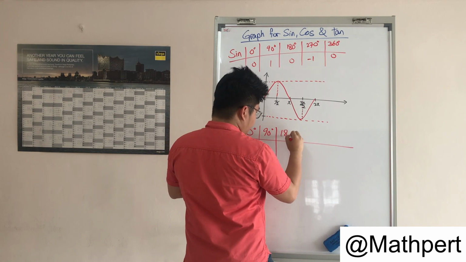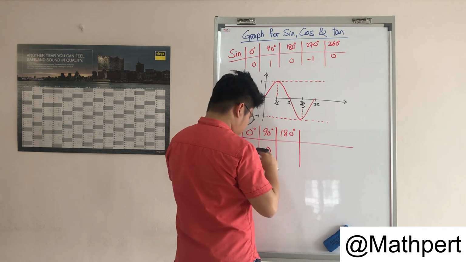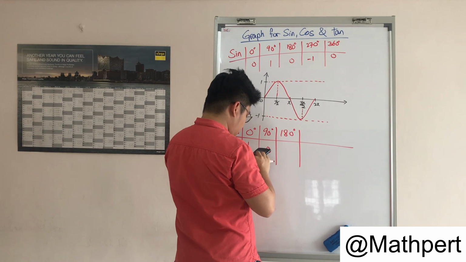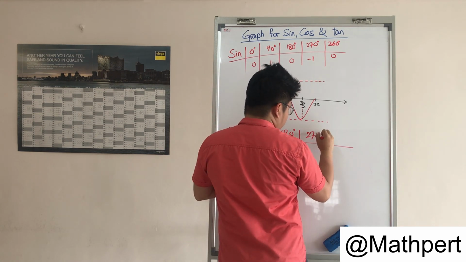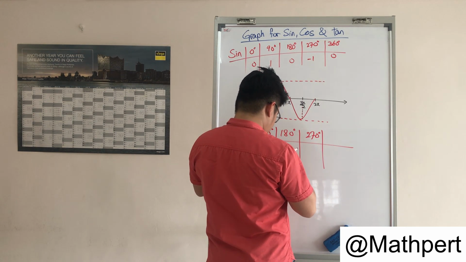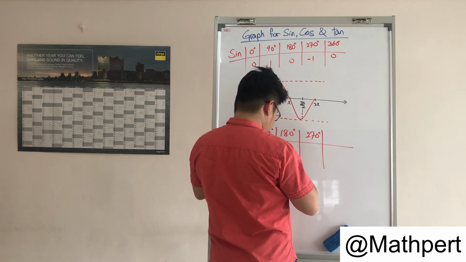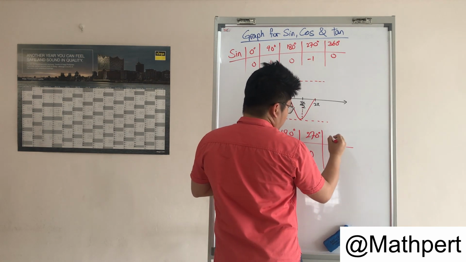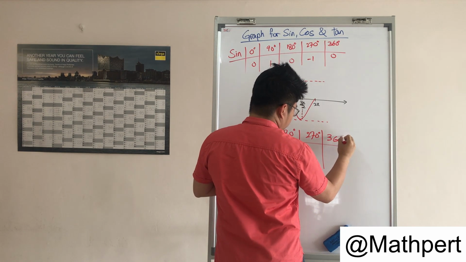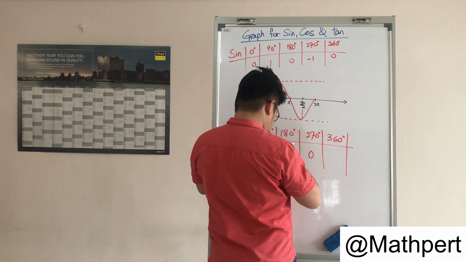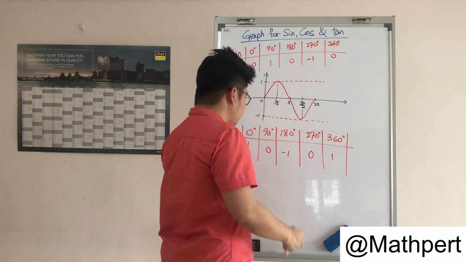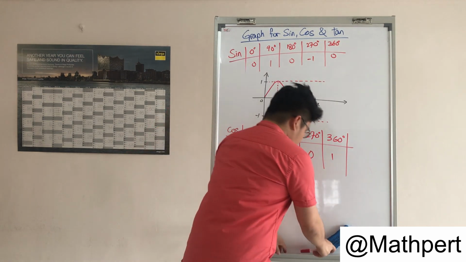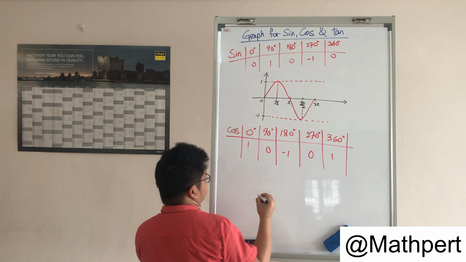Cos 180, you get minus 1. Cos 270, you get 0. Cos 360, you get 1. So now let's draw the cos graph.